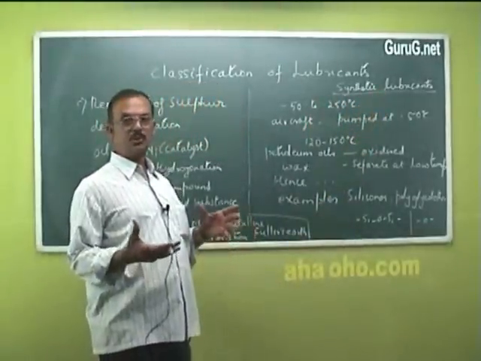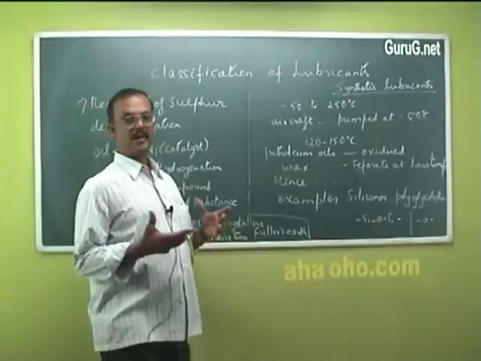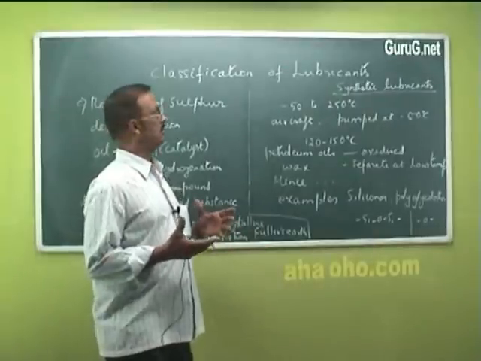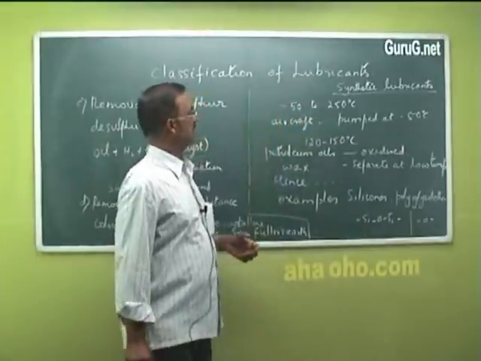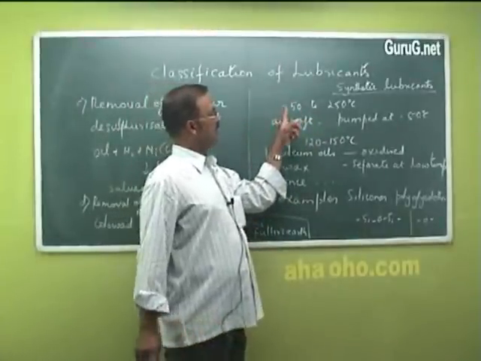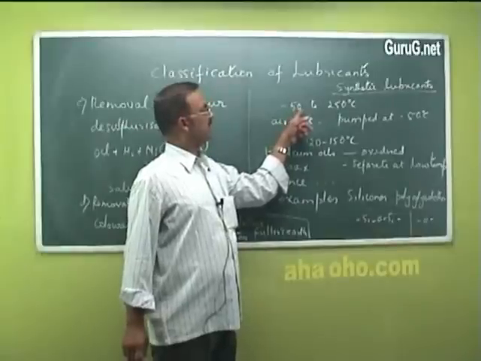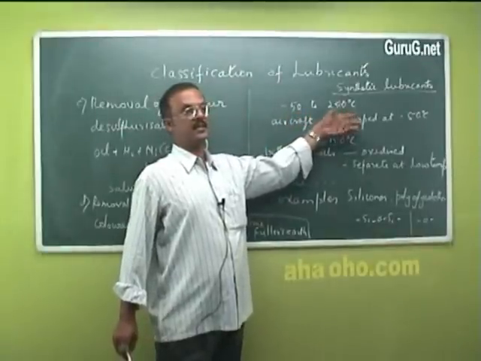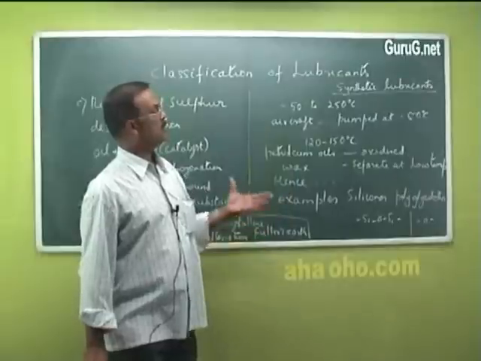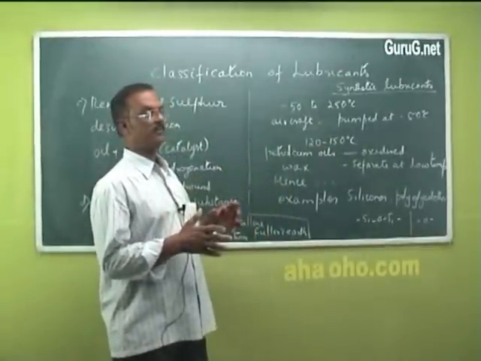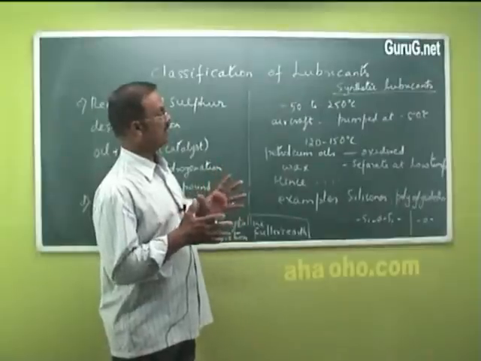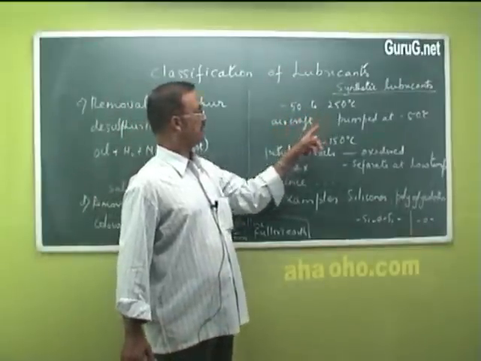Synthetic lubricants are those prepared or manufactured and used for lubrication purposes. See, in this range from minus 50 degrees to 250 degrees centigrade, some lubricants are needed, and so these lubricants should be able to function effectively within this range.